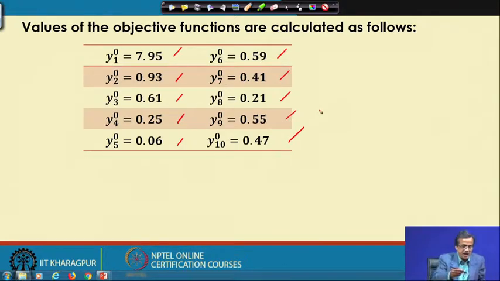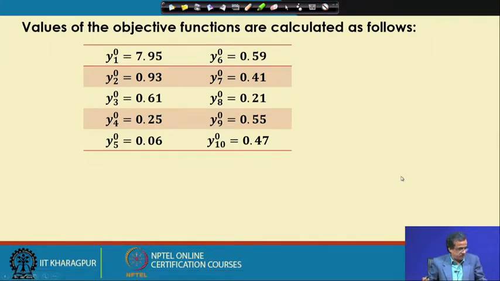So, using this I can find out what the values of the objective function should be, and once we have the values of the objective function, we can proceed further.